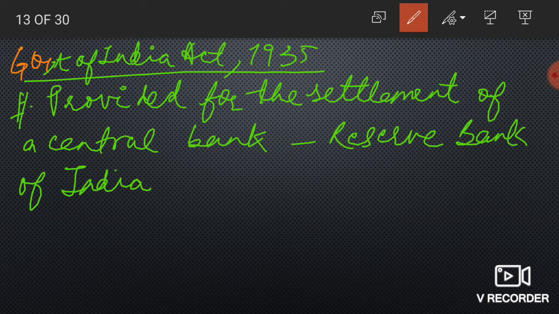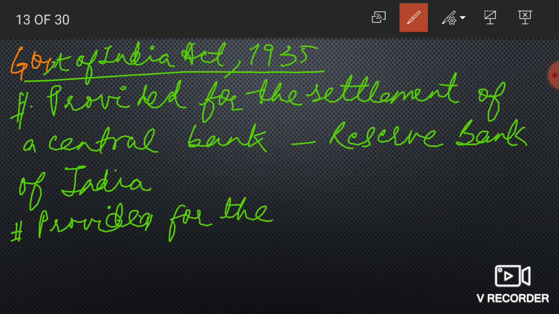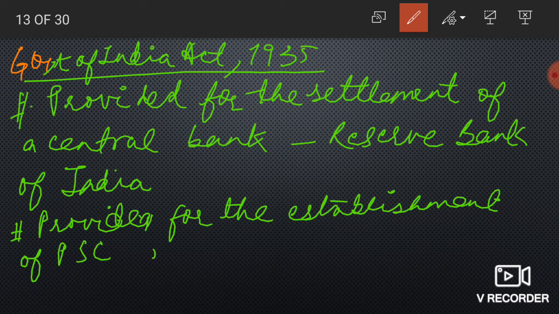the Government of India Act 1935, that there should be a central bank, and it provided for the establishment of the Public Service Commission and Joint Public Service Commission, for which all of you are preparing. So these were the features of the Government of India Act of 1935.